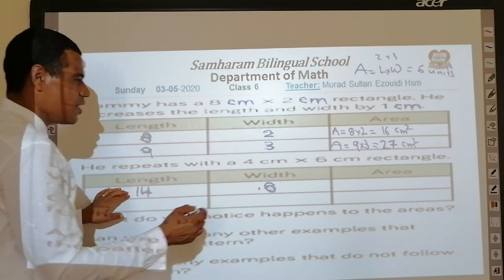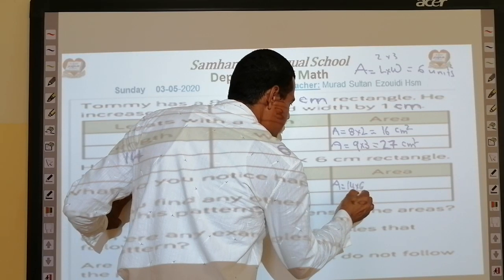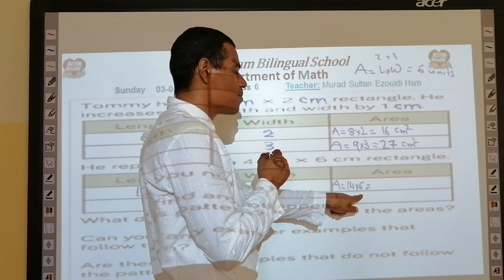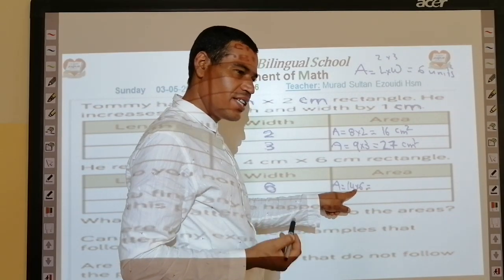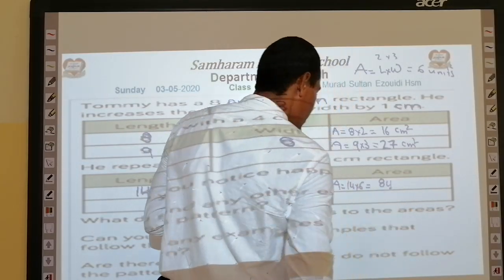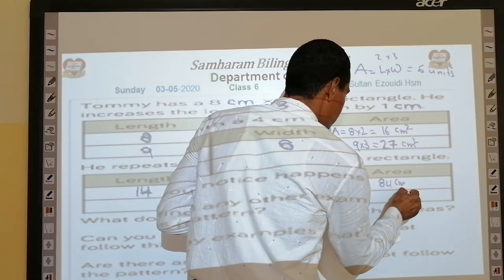For the first one is 14 multiplied by 6. Okay. 10 multiplied by 6, my loves, is 60. 4 by 6 is 24. 60 plus 24 is 84. What is the unit? The unit is the same, centimeter squared.